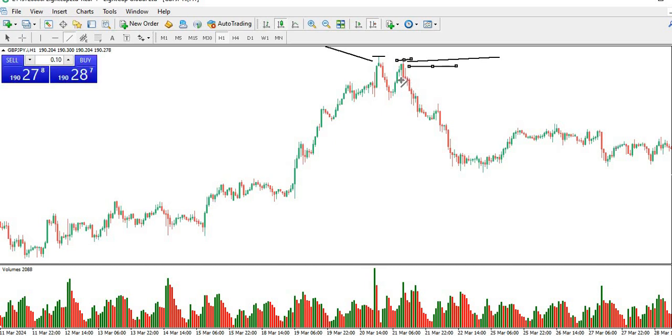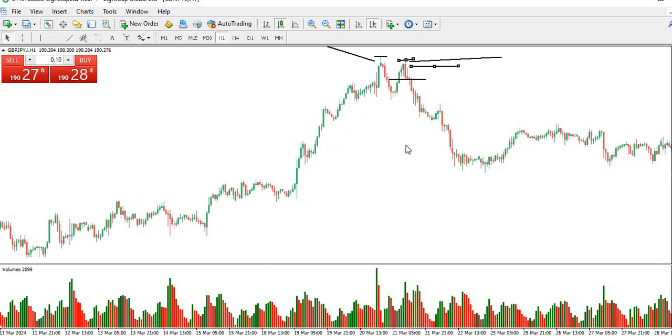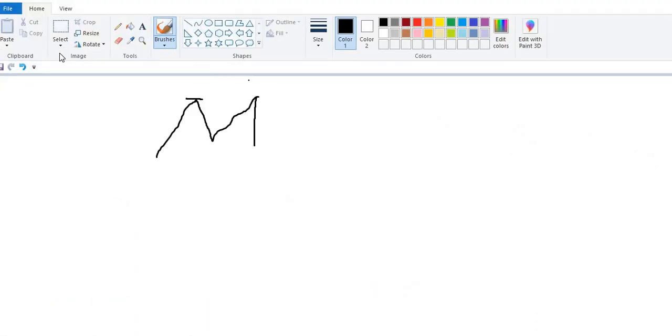So here we saw we would have set our pending order below the engulfing candlestick and we would have set our stop loss above the top of the double top. So this was the example to trade double tops at the exact top of an uptrend, as it is a reversal pattern.